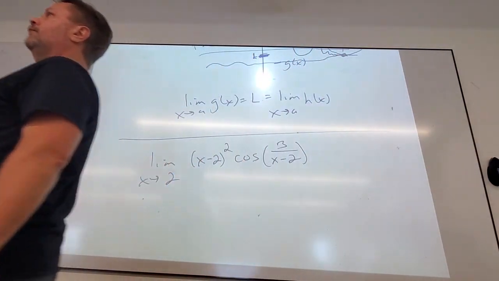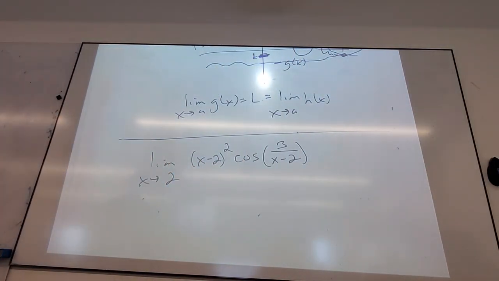Very weird things happen at 2. If you really think about it, exceptionally weird things happen at 2. What does 3 over x minus 2 do as x approaches 2? 3 divided by x minus 2. If I let x go to 2, and let me be even a little more careful.